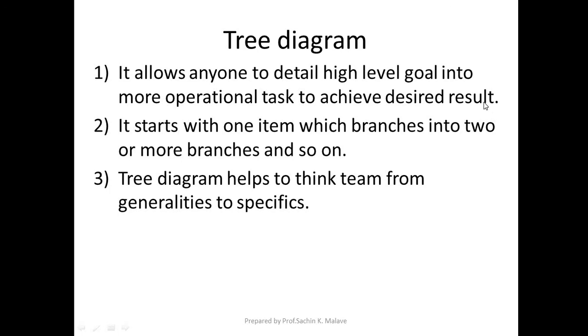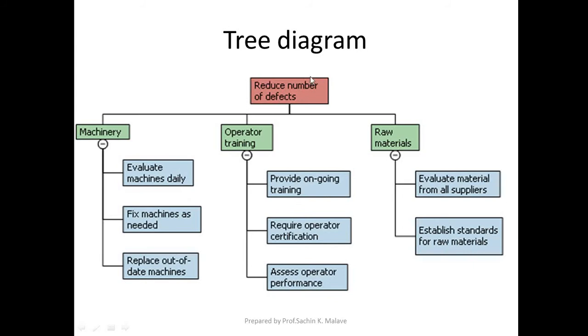As we saw in the previous example, our desired result is to reduce the defects, and how to achieve that desired result. We want this desired result, and it can be achieved by working on all such parameters.